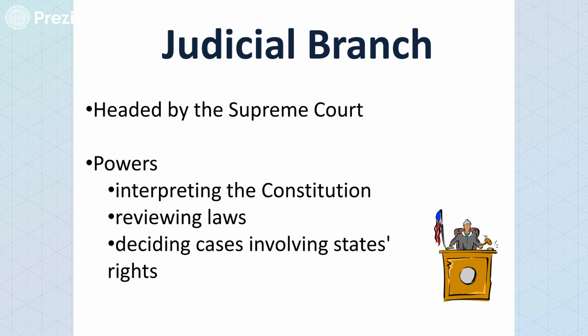Neither the executive nor the legislative branch is allowed to pass laws that go against our Constitution unless there's an amendment made to the Constitution, which we'll talk about some amendments later on. But generally, they are the ones who review to make sure that all laws that are passed are constitutional.